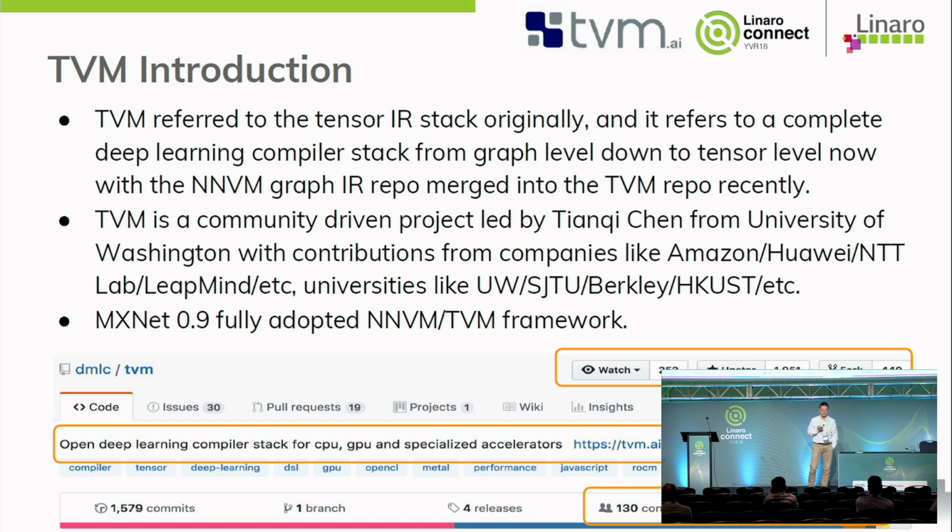There are already around 2,000 stars on GitHub and around 130 contributors. Maybe the data is a little old because I prepared the slide about one week ago, so it should be more now.